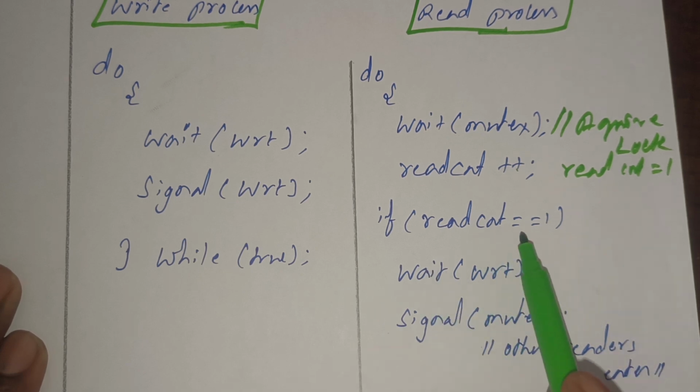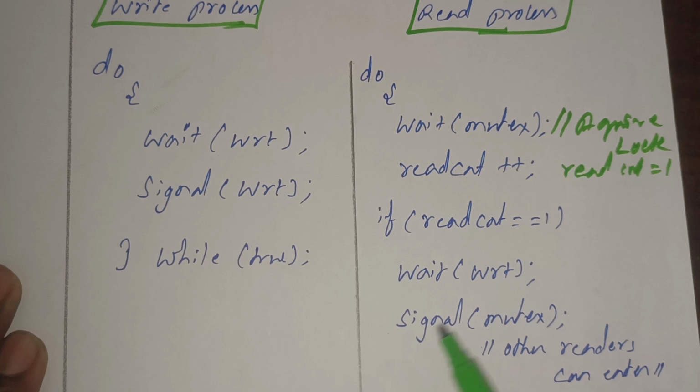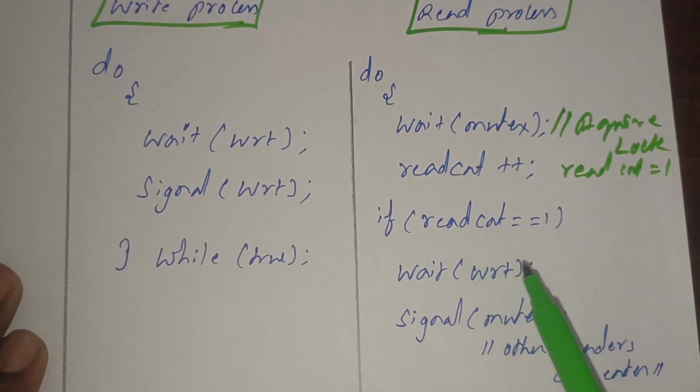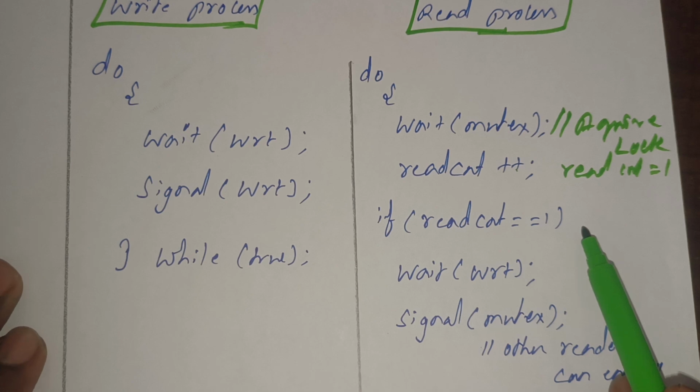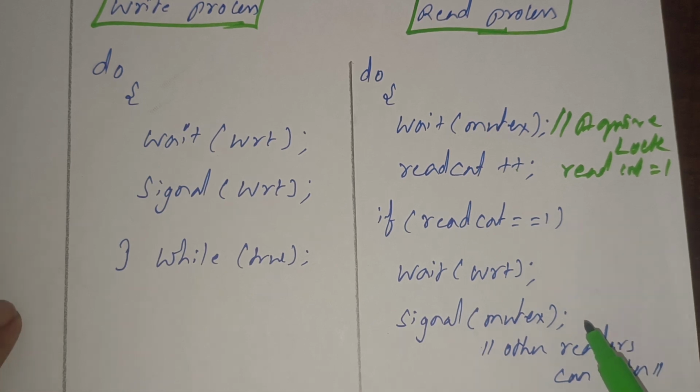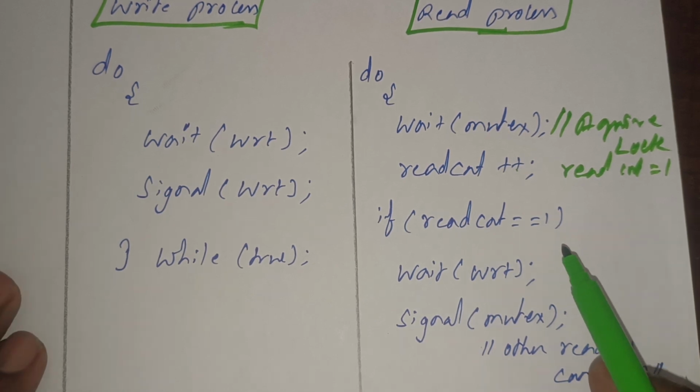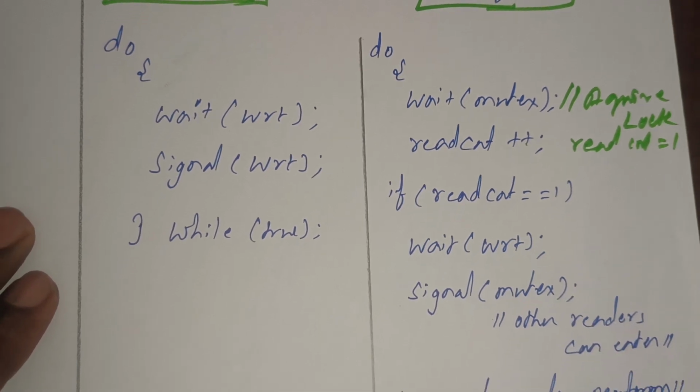So it won't allow any writer to come inside if this read count is 1. That is, one reader process is already inside the critical section. So reader and writer cannot share the same database. That is the condition here.